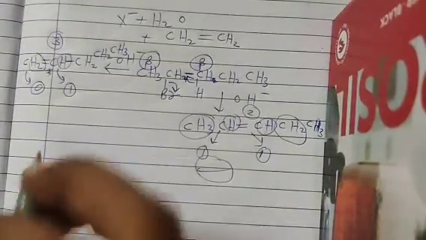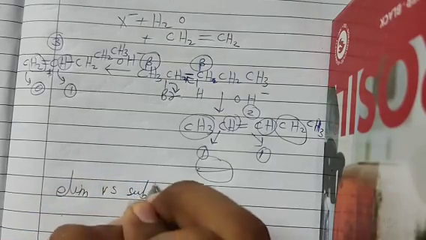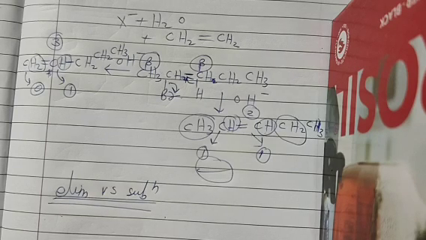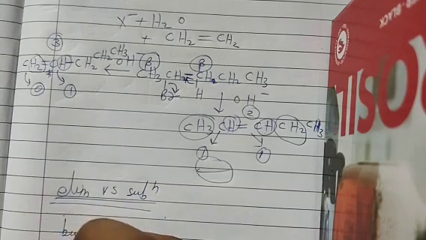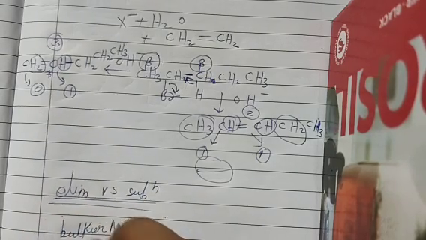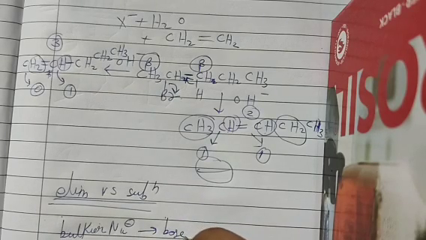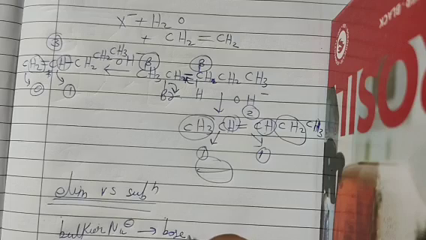An important topic, which is in a box, is elimination versus substitution, and which method you should prefer. In this scenario, whenever you are having a bulkier nucleophile, it will prefer to act as a base. That would abstract a proton rather than approach a tetravalent carbon atom due to steric reasons.